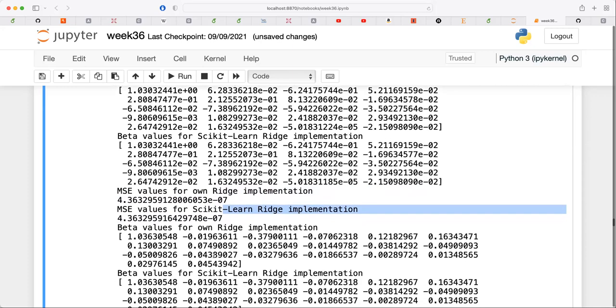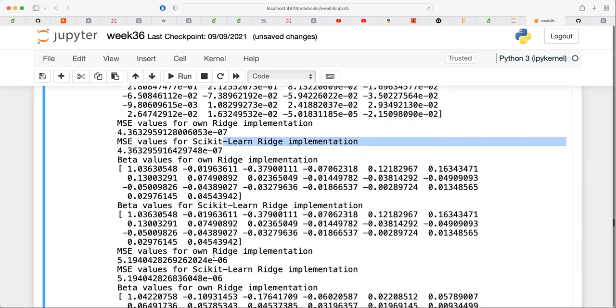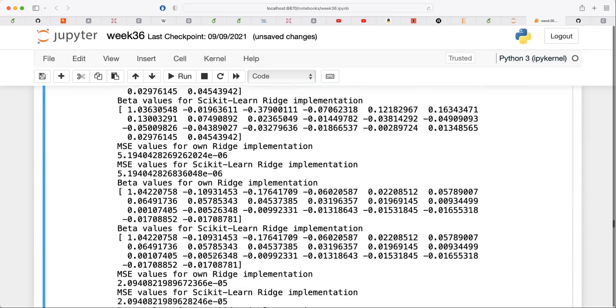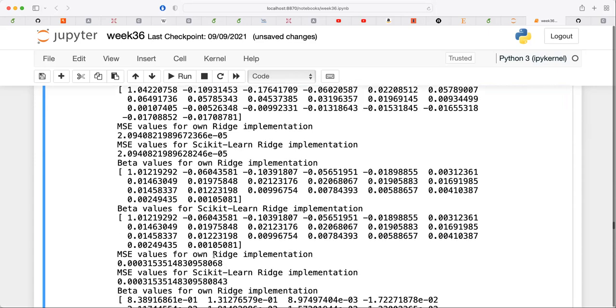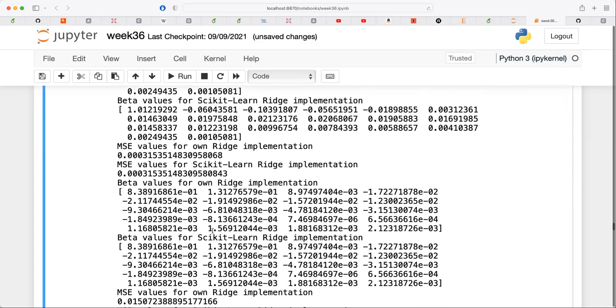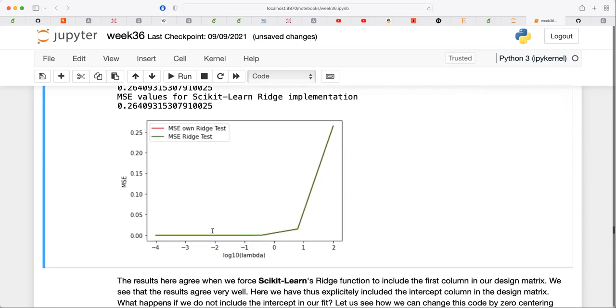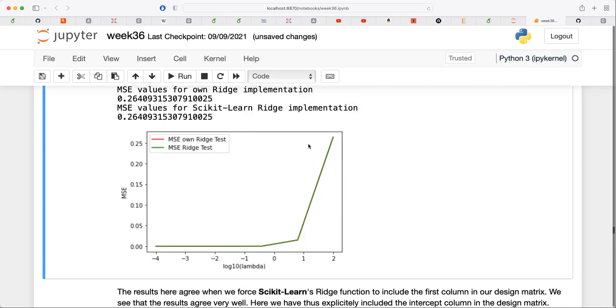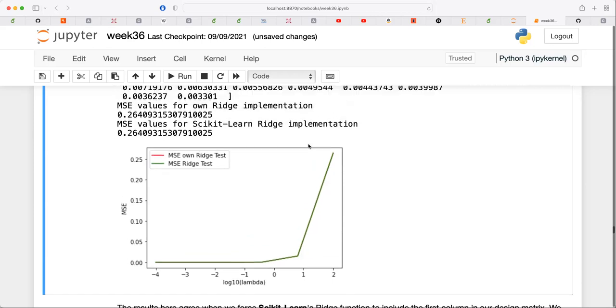And then when you increase the parameter lambda, you will then see that the mean squared error can actually increase, as you see here. And we are coming back to why this increases as a function of this parameter lambda. But if you look at the plot, this is one of the things which is a little bit assuring, is that we get the same results, whether we use scikit-learn or standard ridge regression with our own code.